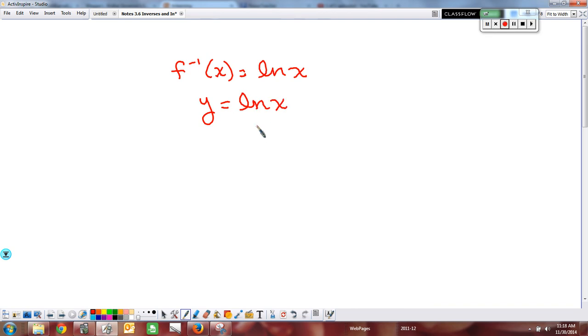We switched to our inverse function, e to the y equals x. That's kind of like finding the corresponding point. And once we had that, we took the derivative implicitly.